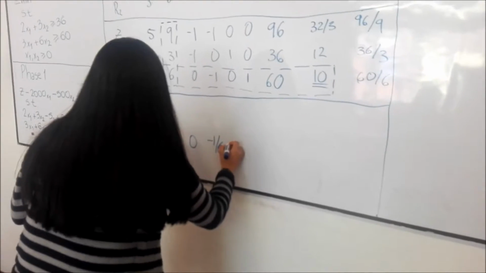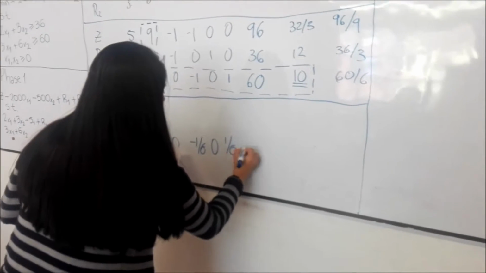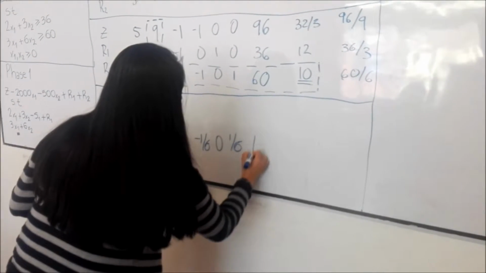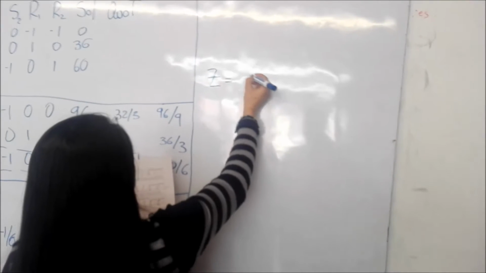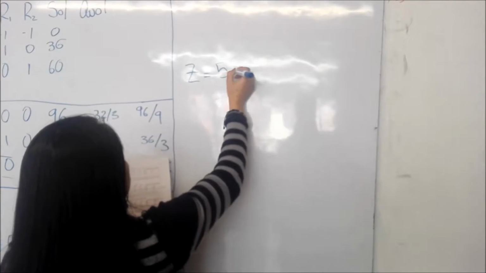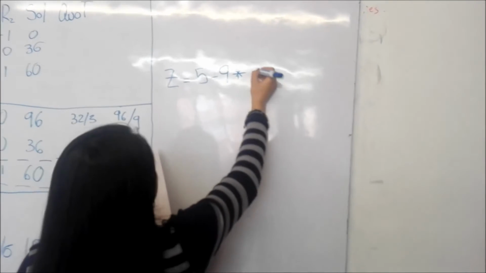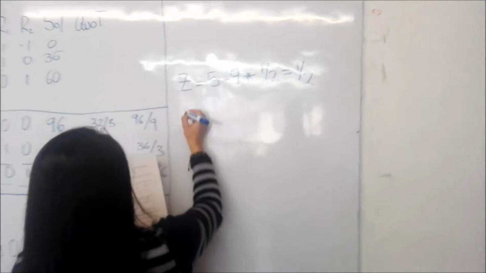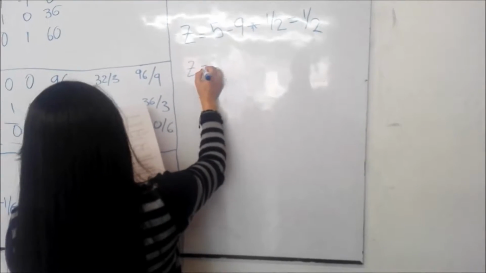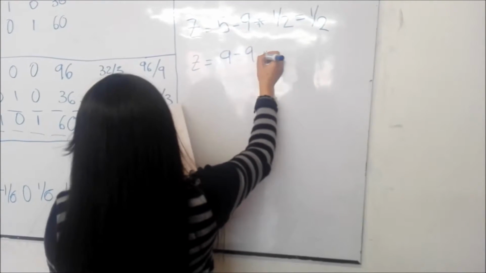Now, to change the others to 0, we solve with the following equation: new row equals previous row minus the coefficient to change to 0 times the pivot row. C equals 5 minus 9 multiplied by 1 over 2 equals 1 over 2. C equals 9 minus 9 multiplied by 1 equals 0. C equals minus 1 minus 9 multiplied by 0 equals minus 1.